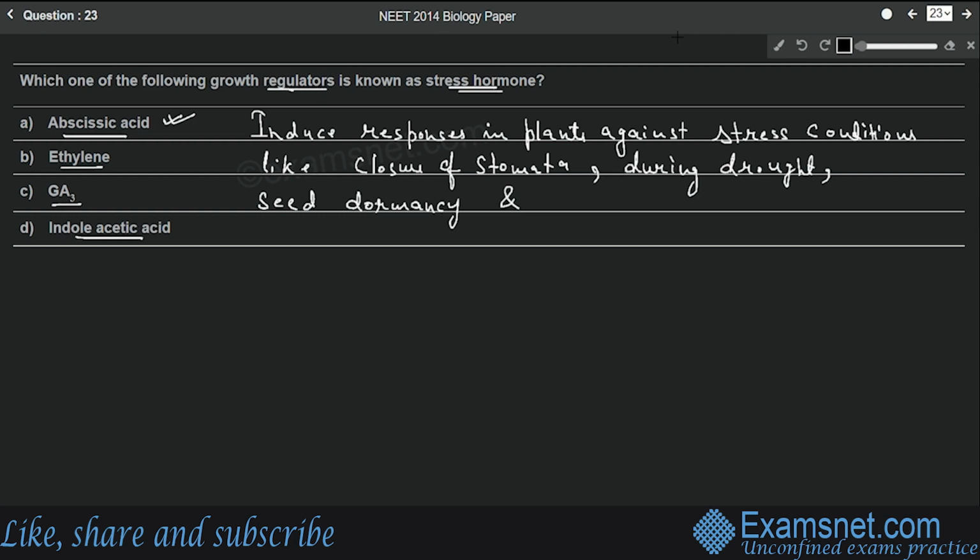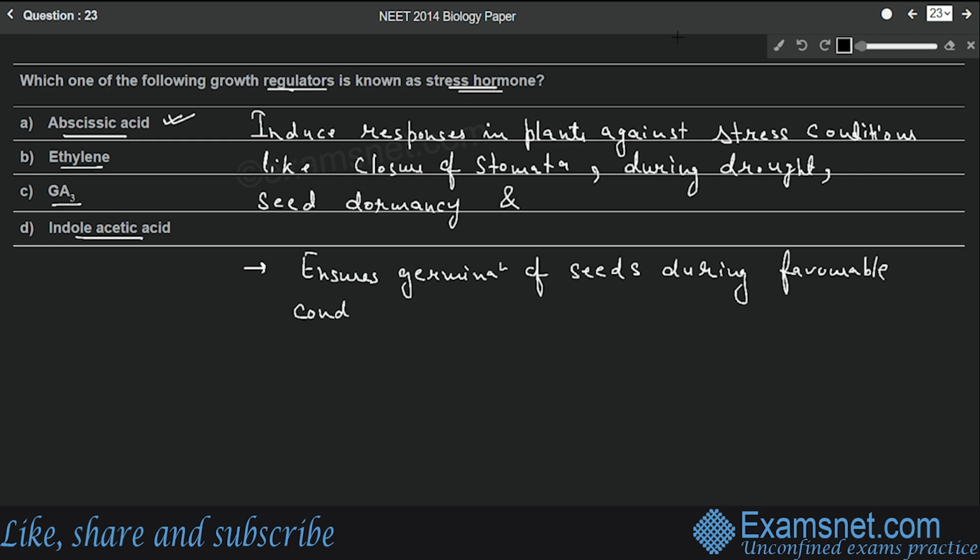And it also ensures the germination of seeds during the favorable conditions. So option number A, abscisic acid, will be the correct answer.